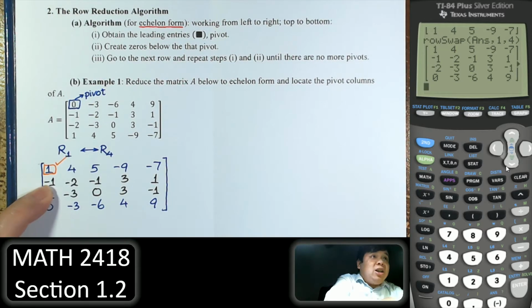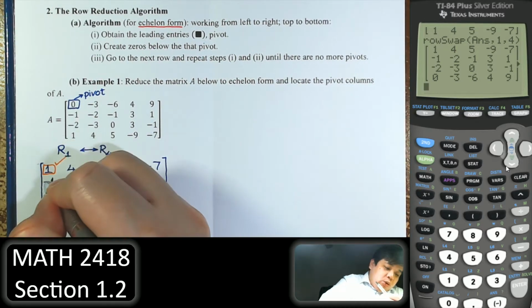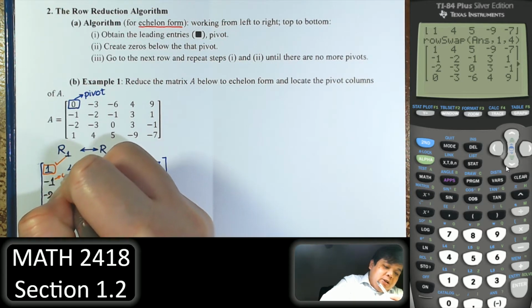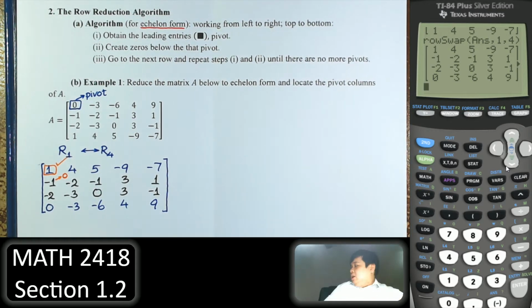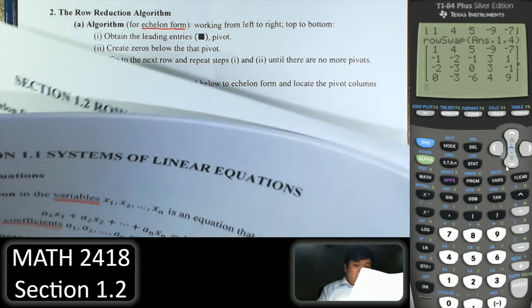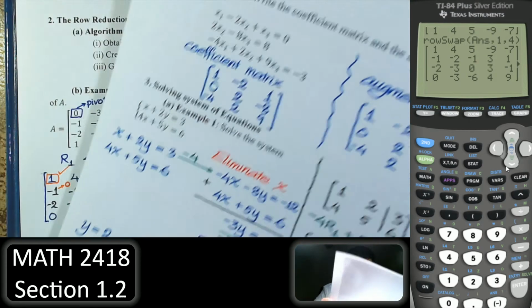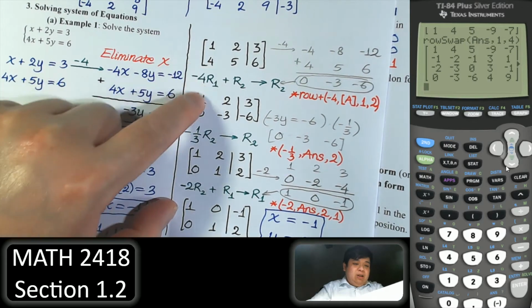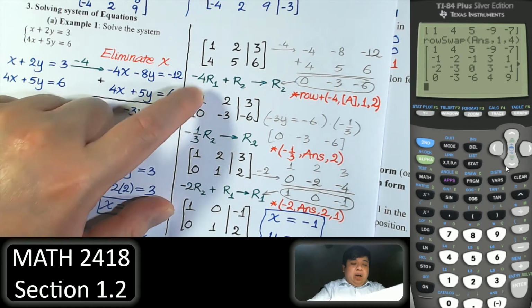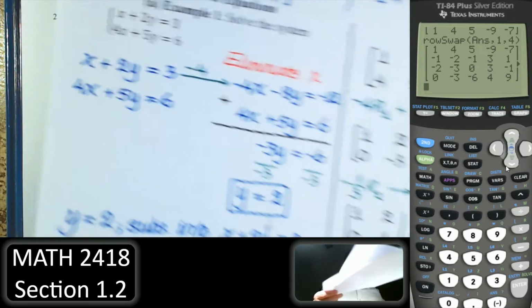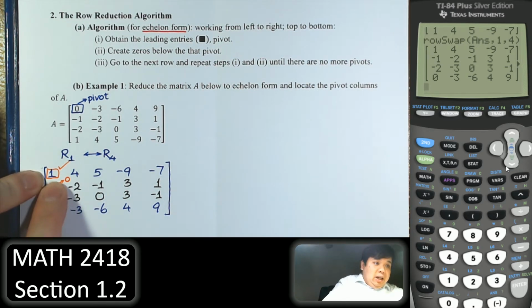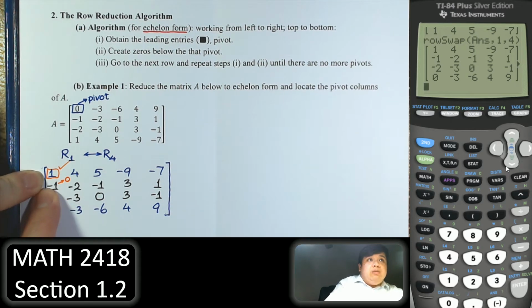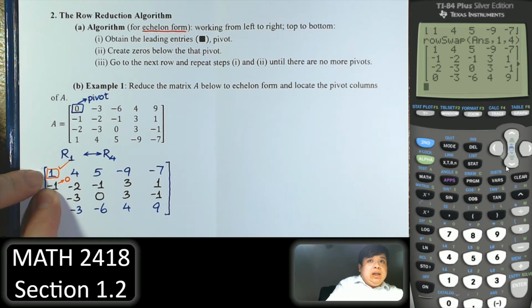Next, we're going to turn everything below that to 0. So we're going to turn this entry to 0. Right, so how do we turn that to 0? Well, if you go back to what we did in the previous section, if we want to turn something to 0, we're going to do elimination. So pretty much what we do is multiply the opposite of this number. The opposite of -1 is 1.